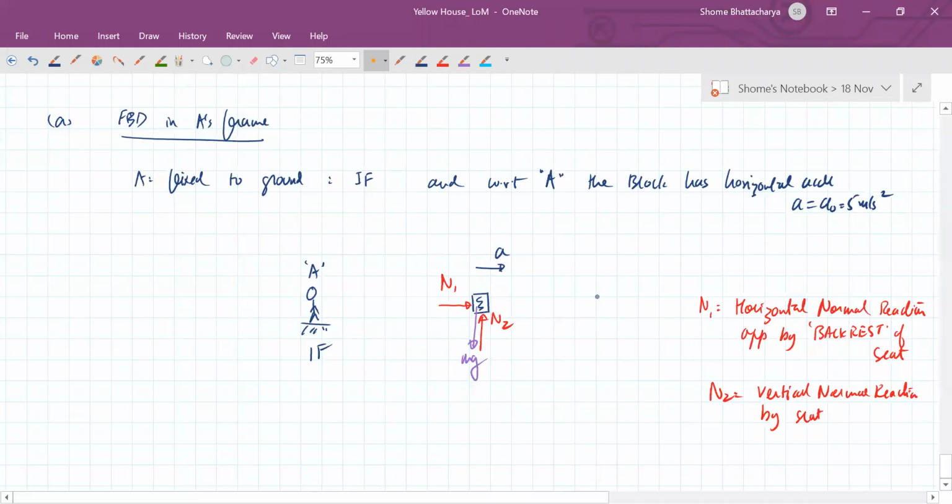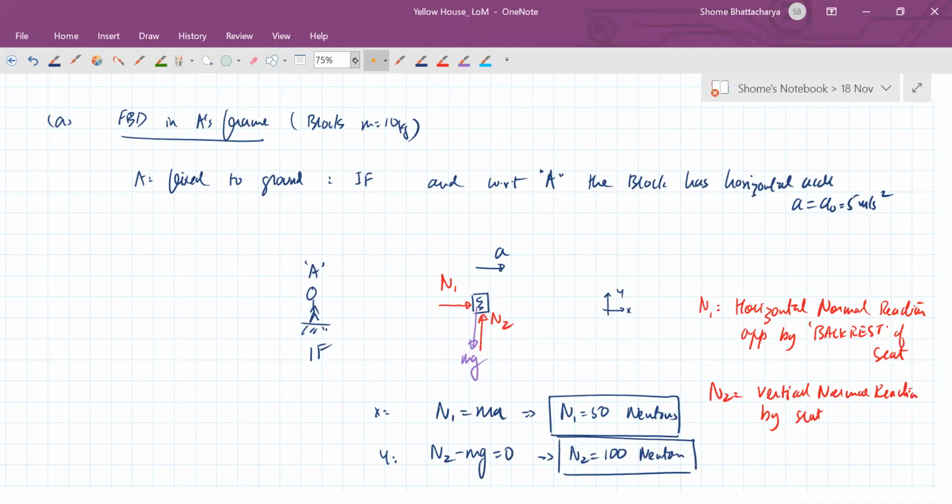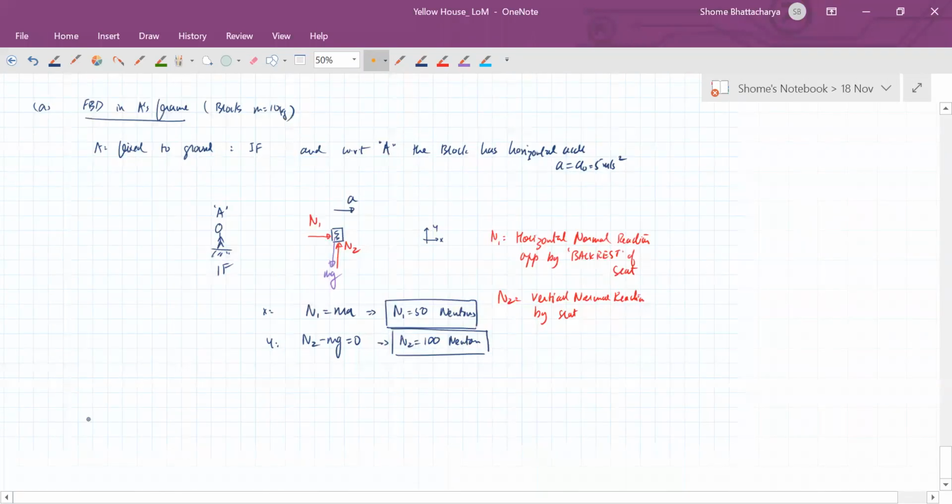So along the x-axis, these are the forces, and this is the analysis of the free body diagram in A's frame.